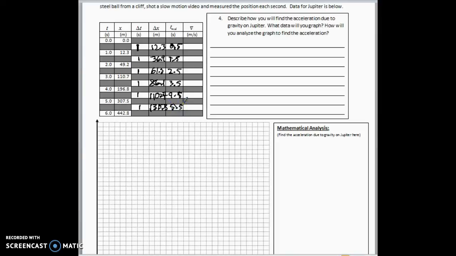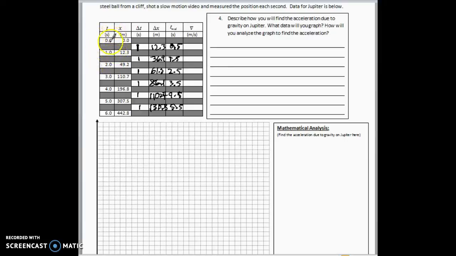Now you might be wondering, or I hope you're wondering, if you don't know the answer already, why we need to know the time in the middle of those two. It's because we're going to find the average velocity between time 0 and time 1, right? We know that as the object is falling, it's getting faster and faster and faster, right? So it's not going the average velocity at the very beginning, and it's not going the average velocity at the very end, right?